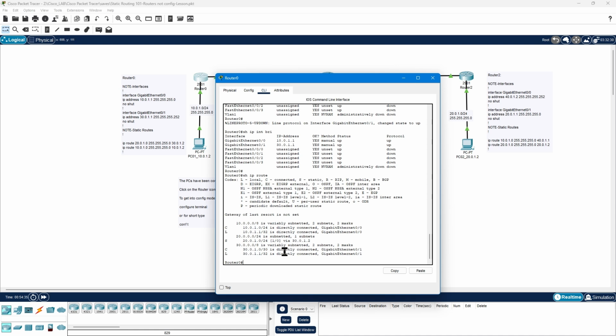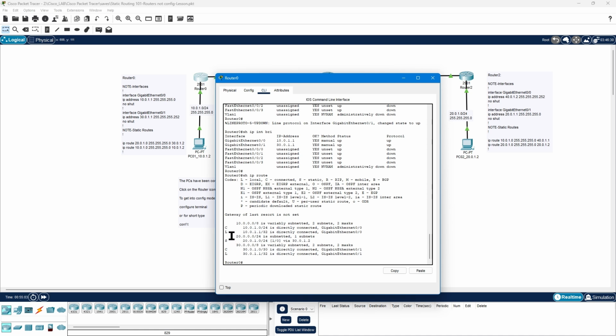If you look here, it says that the routes known by this router include a /8 for the 10 network. But it knows that locally connected, directly connected on gigabit 0/0, is a 10.0.1.0/24.